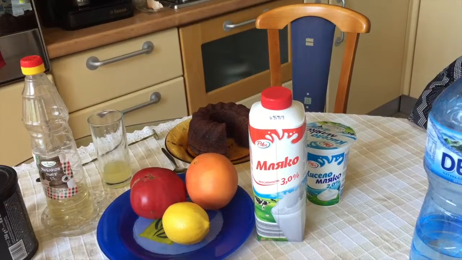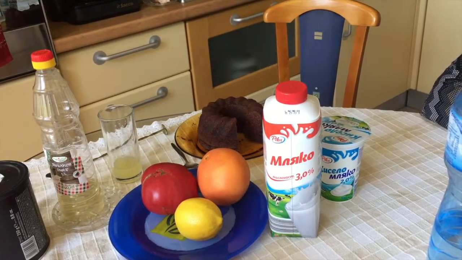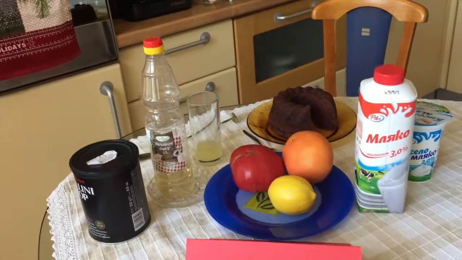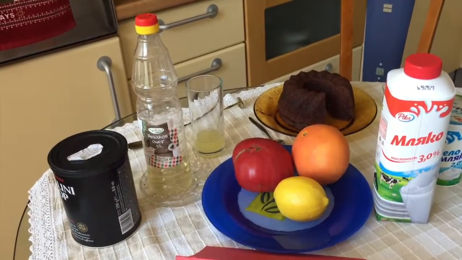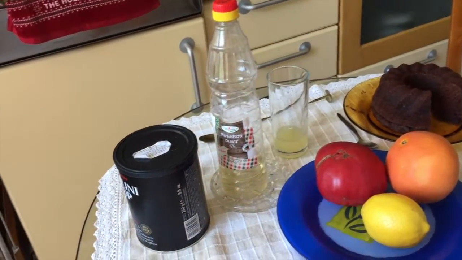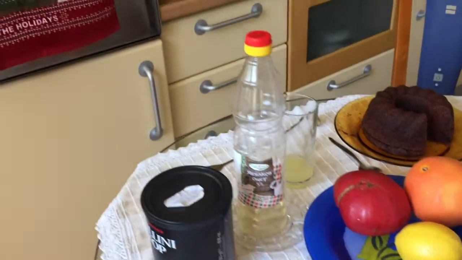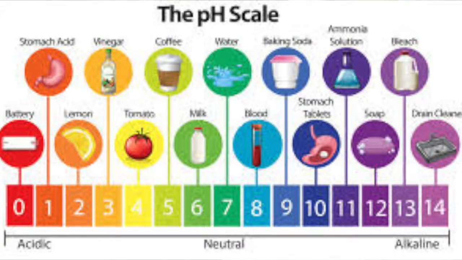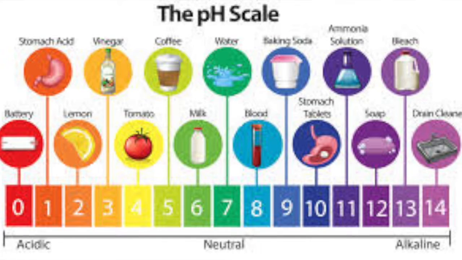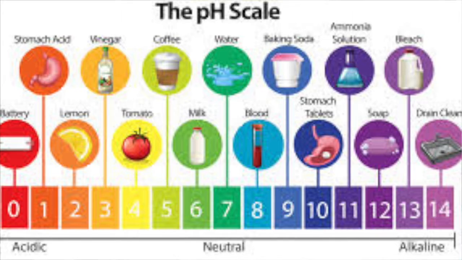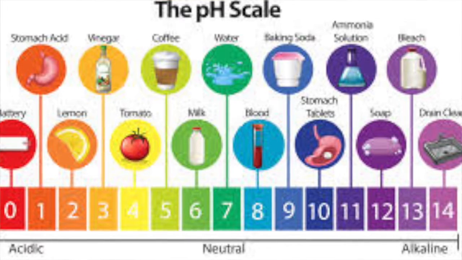For example, milk and coffee are slightly acidic. Tomato, lemon, grapefruit and other citrus fruits are acidic, around 2, 3. Here we can find also vinegar, and as you can notice, we have a very strong acidic environment in our stomach, because this environment is needed for the enzymes to digest the food.